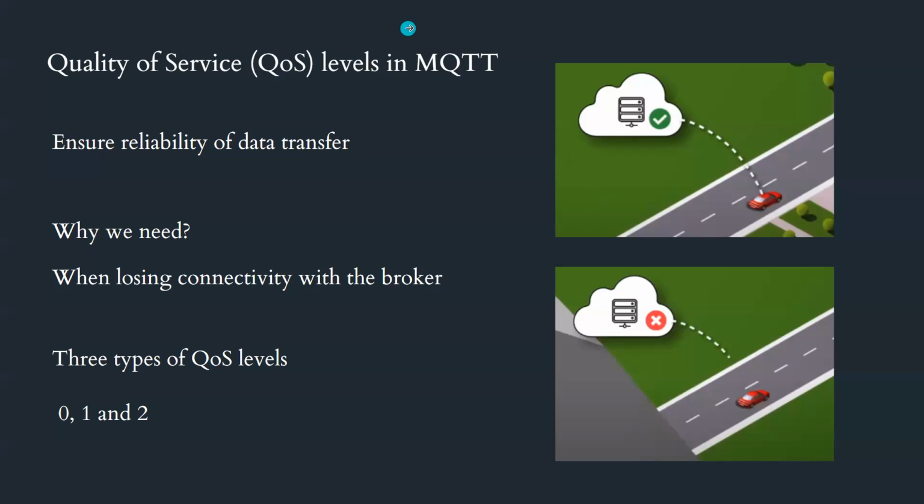In the last class, we stopped at the point where we discussed the quality of service in the MQTT protocol. We have been discussing the MQTT protocol for the last couple of weeks.